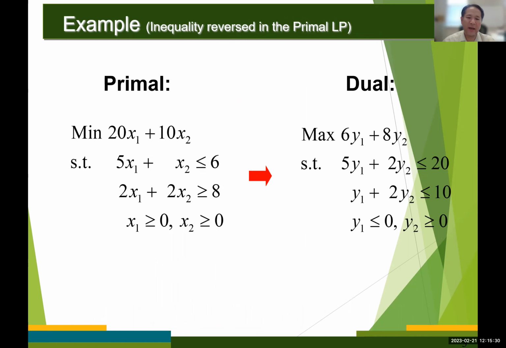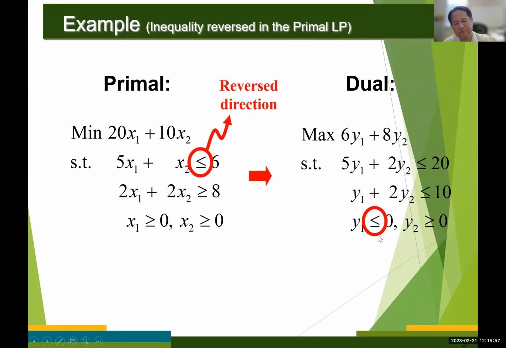Okay, and we also talked about the symmetric primal dual pair. If we have an inequality reversed in the primal LP, then in the dual LP, we have the reverse direction of the corresponding decision variable, right? That's why we have the reverse direction here, okay?